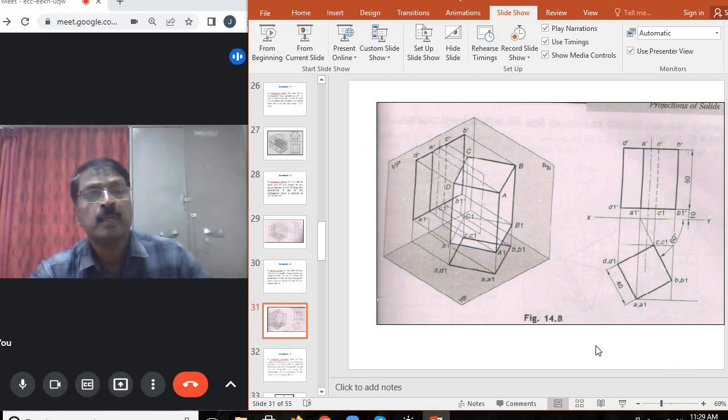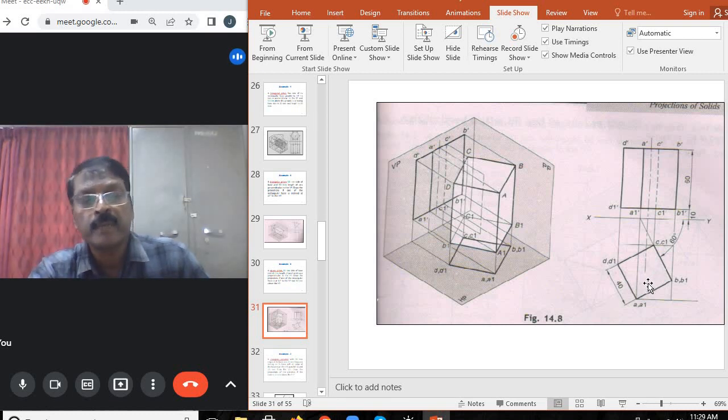Now the top view represents the top base A, B, C, D, and the bottom base A1, B1, C1, D1. What you have to understand here is that the object is a square prism with base edge 40 mm and axis height 60 mm, and the condition is that the axis is perpendicular to the HP. So you have to imagine the position of the square prism as given in the figure, so that the true shape of the base is visible in the top view.